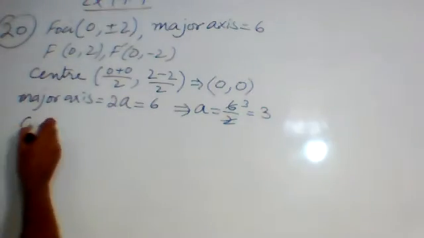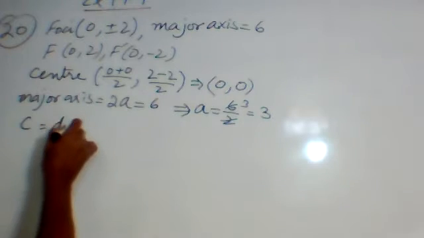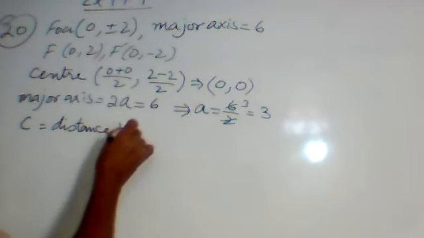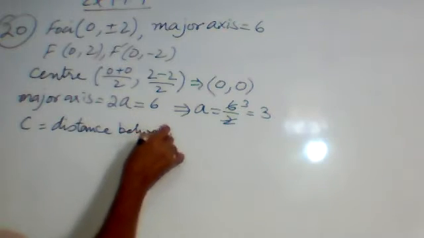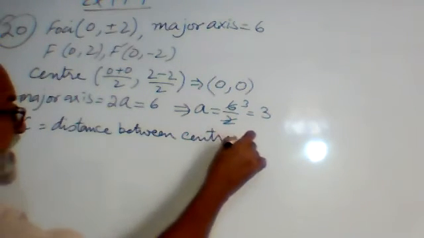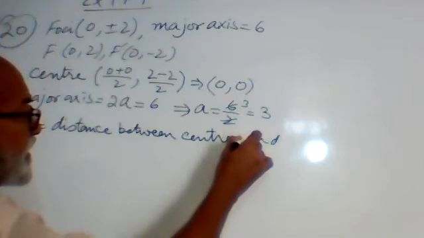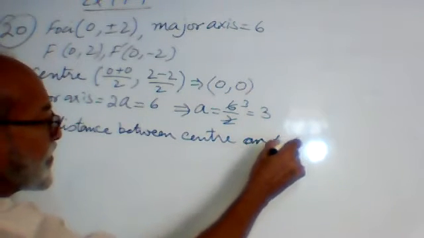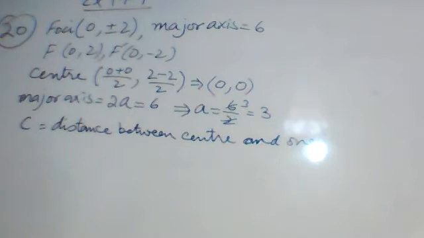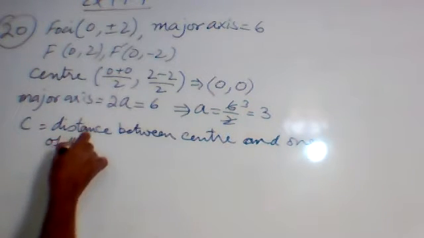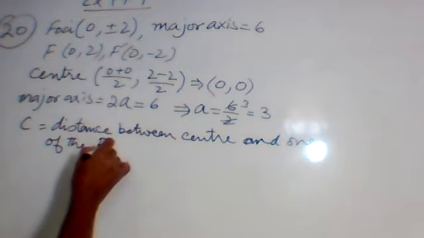C is the distance between the center and one of the foci.